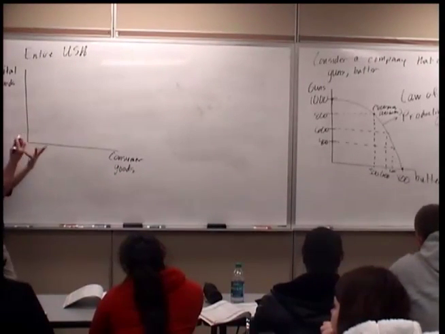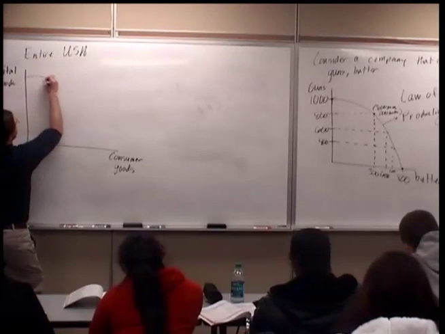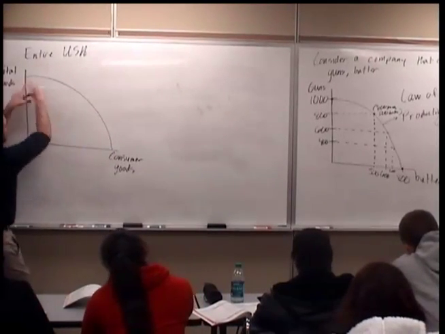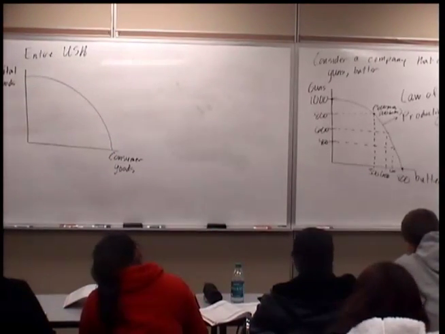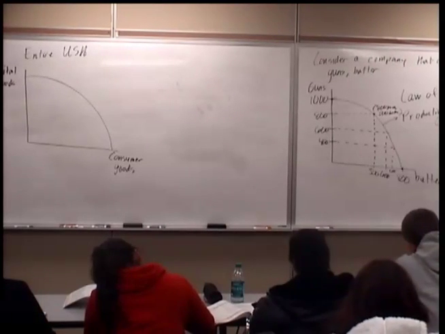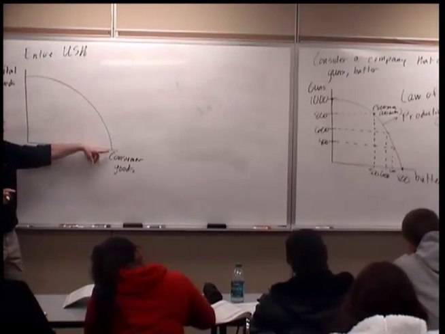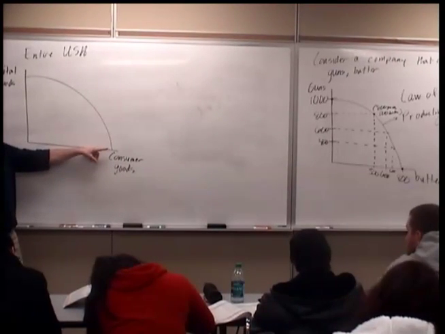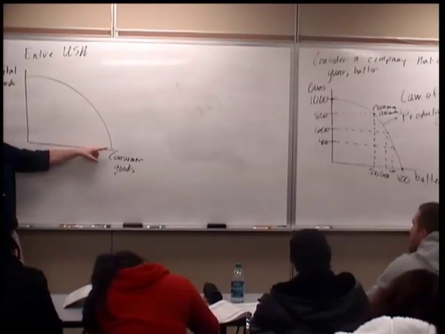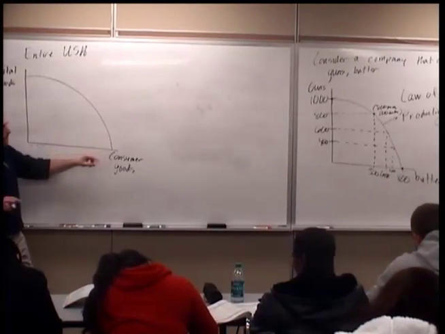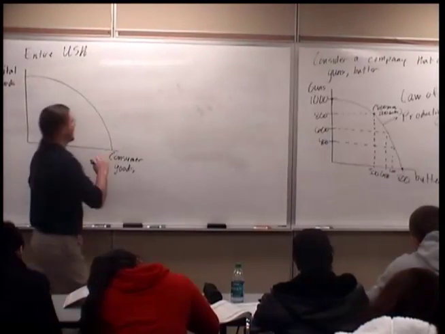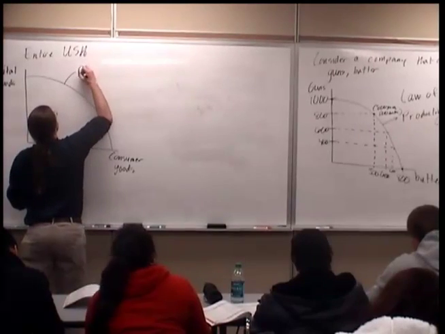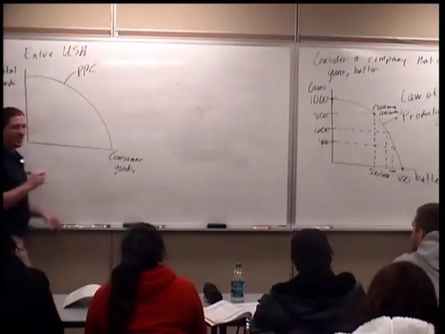So, it's a production possibilities curve, so it is still a bowed out curve. Anytime I ask you to draw a production possibilities curve, you should always draw it as a bowed out curve. Hint, hint, that's the sort of thing you will do in the future on a quiz and or test. Production possibilities curve. It's often abbreviated as the PPC.